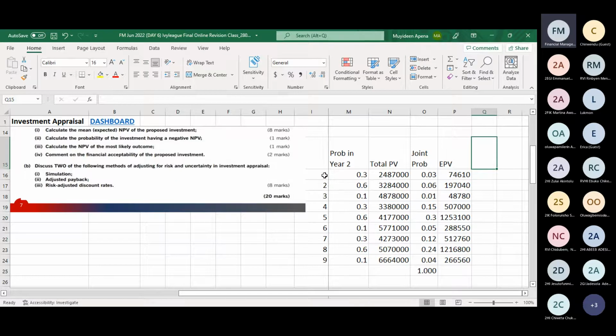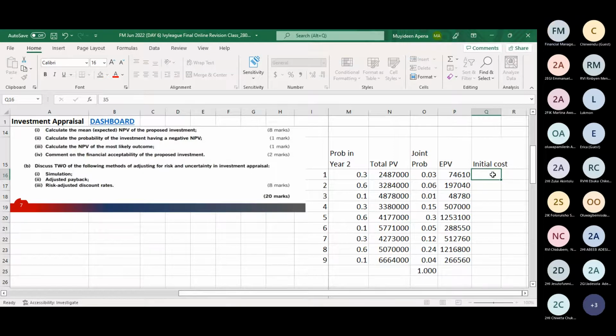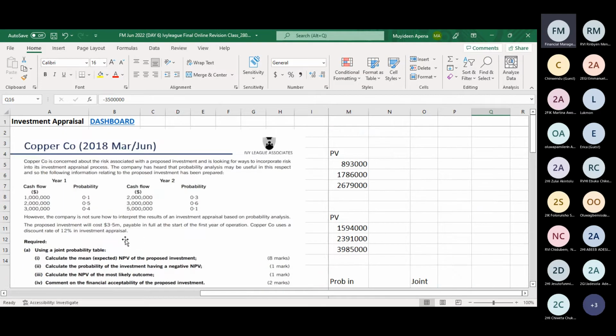Now for each scenario, what do you think we can get as expected net present value? So that means we should consider initial cost for each scenario. The initial cost is what? 3.5 million, isn't it? Remember, we are told $3.5 million.